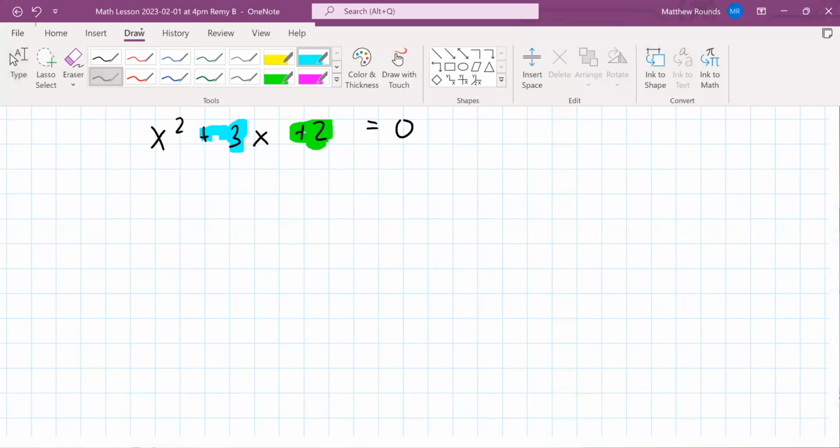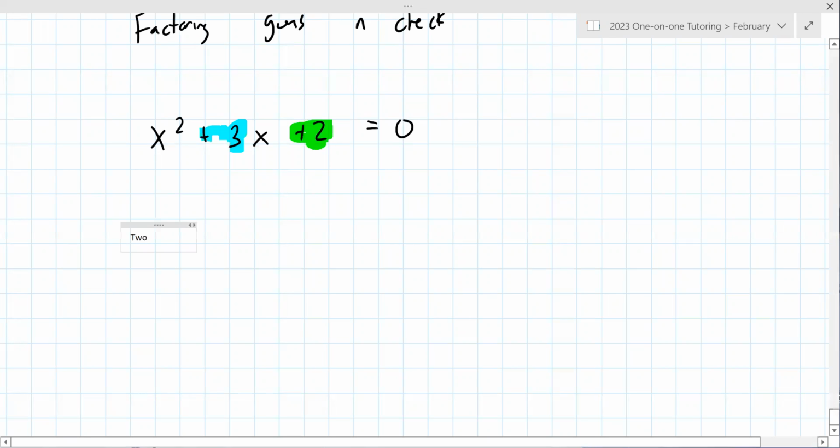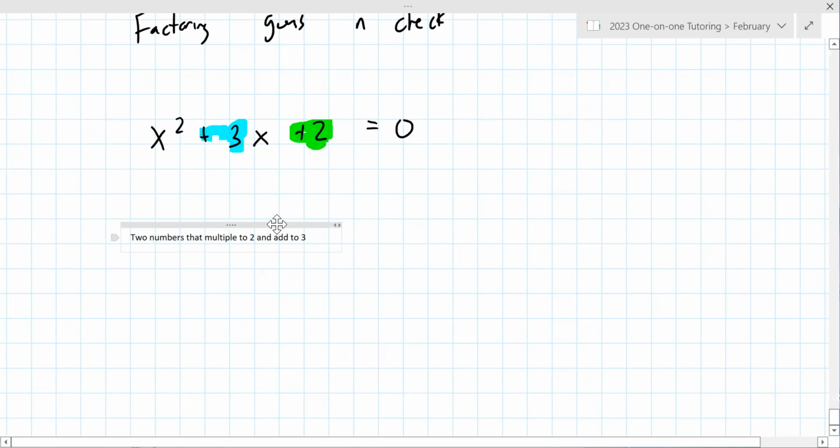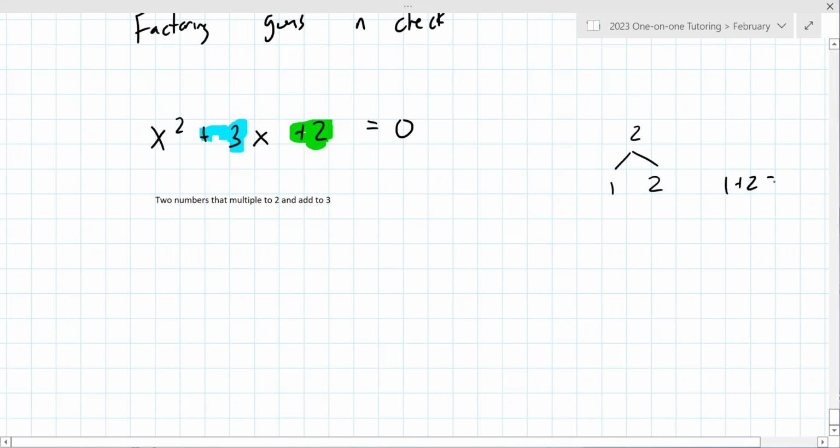Two numbers that multiply to 2 and add to 3. There's not that many, there's 1 and 2. Do those also add to 3? Yes. So it's x plus 1, x plus 2 equals 0.